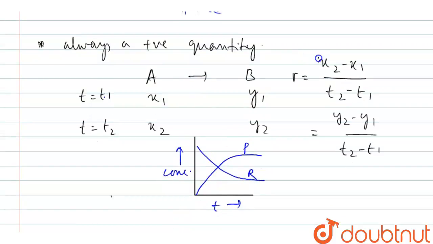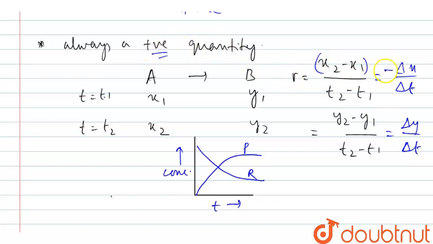Therefore final minus initial, x2 minus x1, will be negative. This difference will be negative. Here we are getting delta x by delta t, and here delta y by delta t. But since this is negative, r will be negative, and I told you r is always positive.